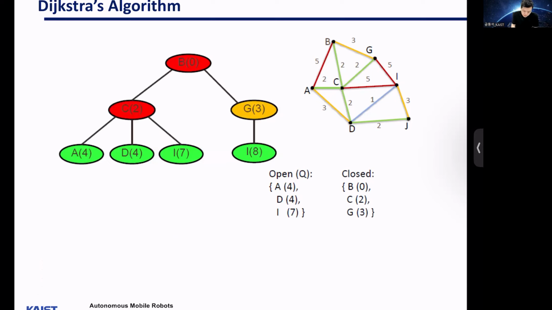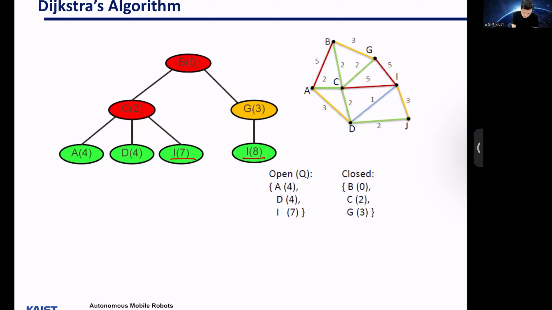And then we're going to continue to branch out starting from G3, which is going to be I8, which is not an optimal solution when compared to this one.